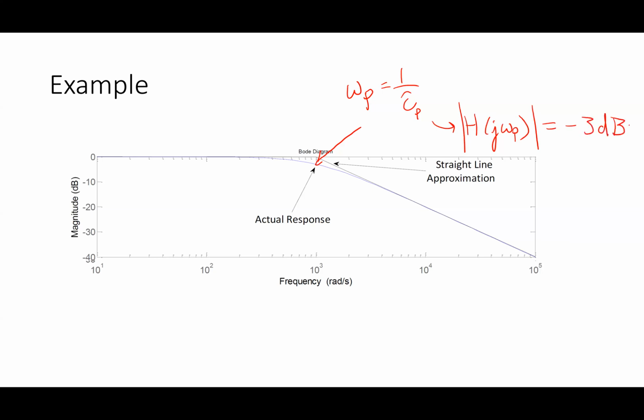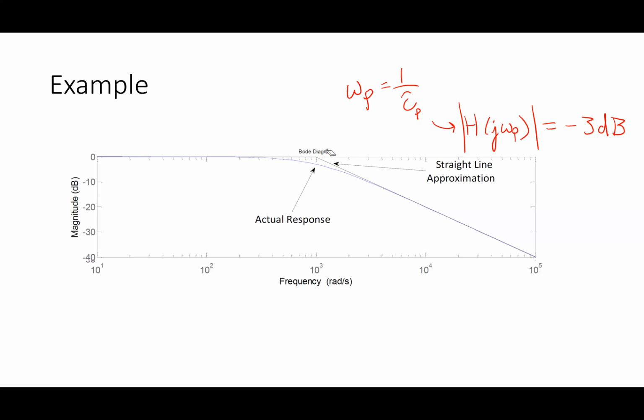All right, so sometimes that's called a negative 3 dB frequency, right? And that term is something some of you guys might have heard before, right? At that point, the maximum difference between my approximation and the actual is minus 3 dB.